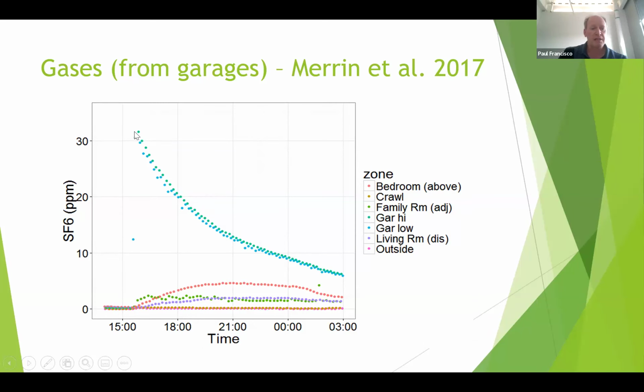Inject SF6 into the garage, and it has this long decay. And then these are all the different spaces within the house. And so again, we see hours and hours and hours for, if we've got an enclosed space that's got a dose of stuff, it'll take hours and hours for that to get into the house, cause some amount of increase, and gradually come back down.